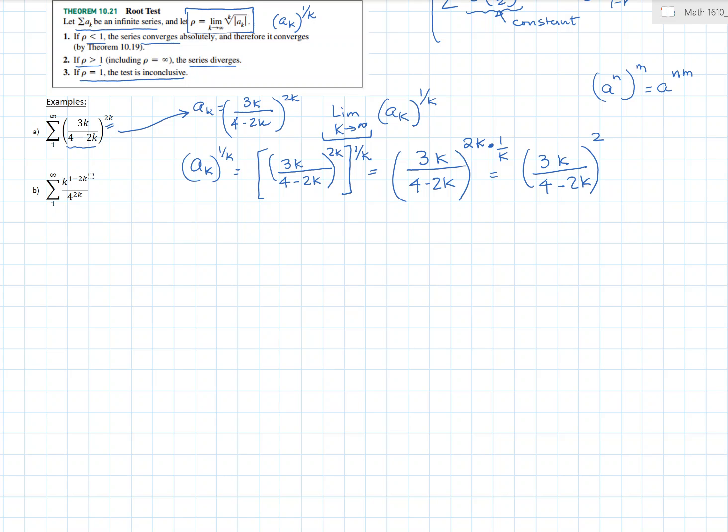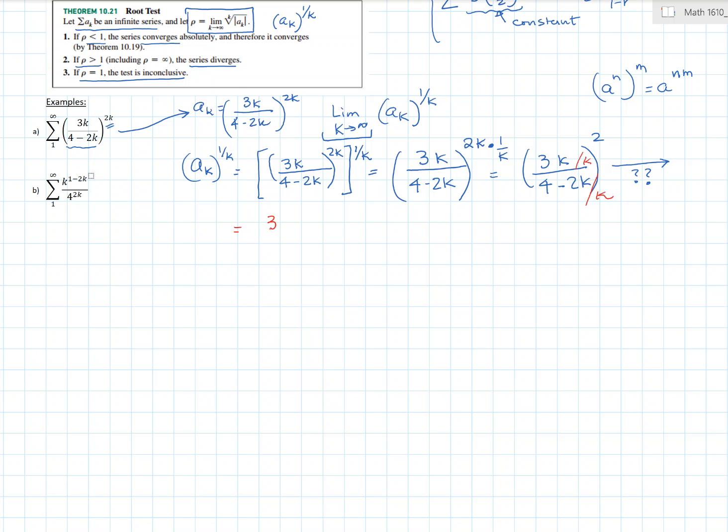Now we have to find this limit. This is a simple algebraic expression, so now we are ready to find the limit. As usual, I'm going to divide the numerator by k and the denominator by k.